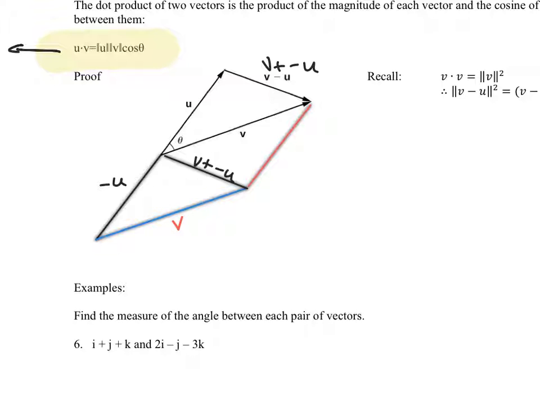Because opposite sides of a parallelogram are congruent, it turns out what I did inadvertently, a happy accident, also creates a parallelogram. So these two sides would then be congruent as well. That justifies why we can call this v minus u. It's a little bit roundabout, but it gives a nice little justification.